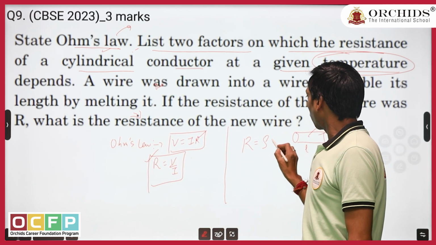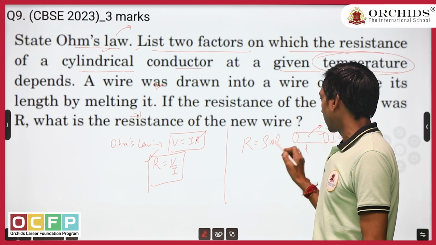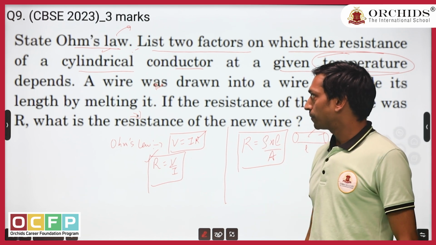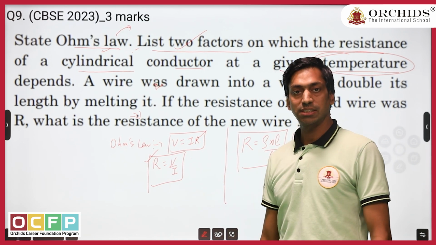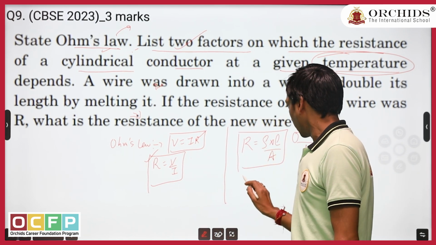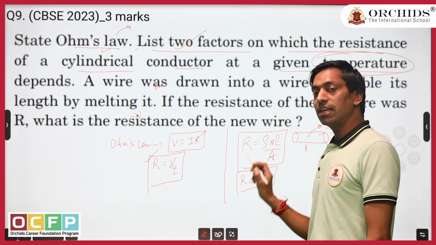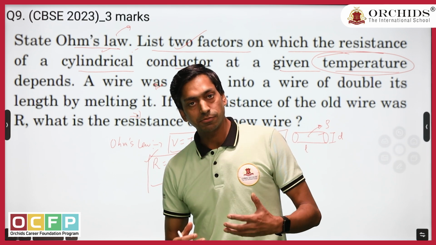And the second factor on which resistance depends is, one is length and second is area of cross section. So the two factors on which the resistance of the wire depends: number one, it is directly proportional to L, meaning if you increase the length of the conductor, resistance will increase.